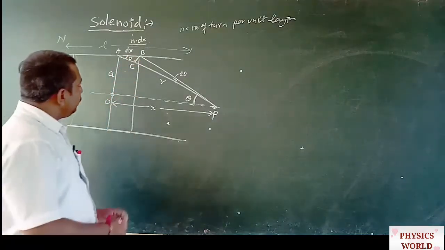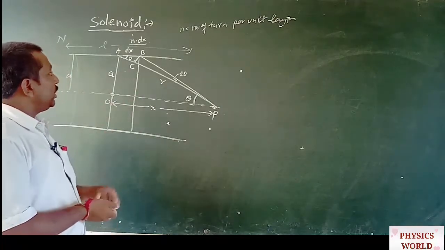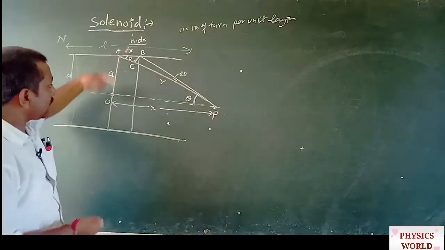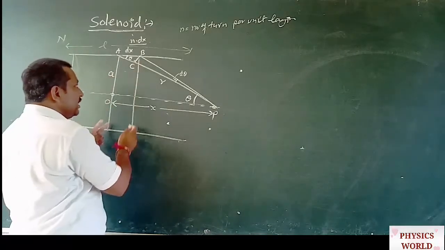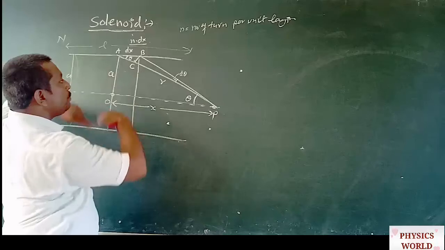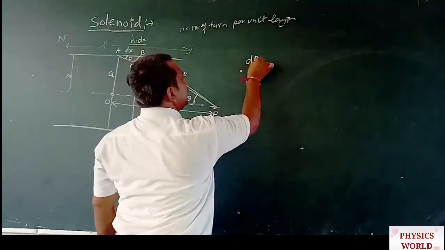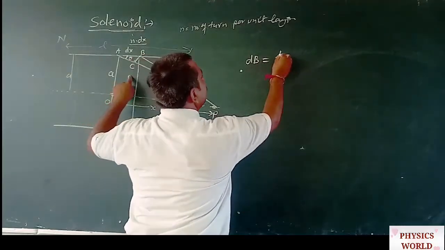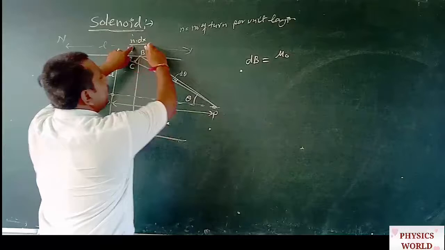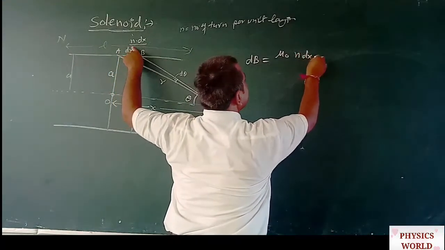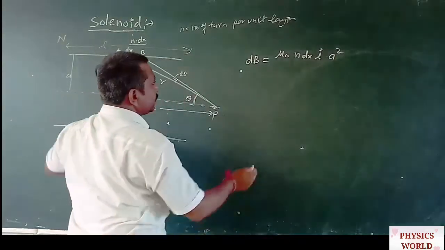So if we apply the Biot-Savart law and calculate the magnetic field at this point due to this circular current loop, then we can find the total magnetic field induction due to this small circular current loop containing total turns n dx. dB will be equal to mu 0 N I a square divided by twice of (a square plus x square) whole power 3 by 2, where N means the total number of turns, that is n dx, and a is the radius of this circular loop.